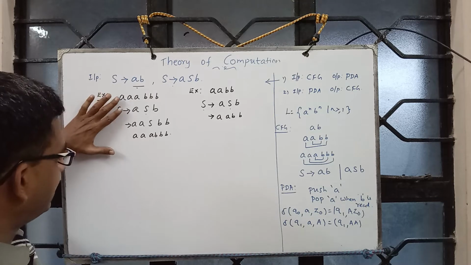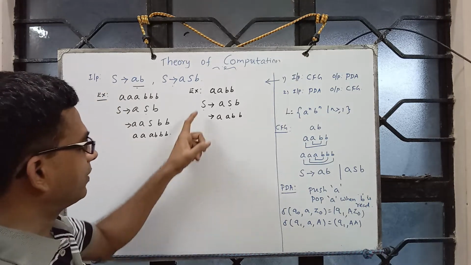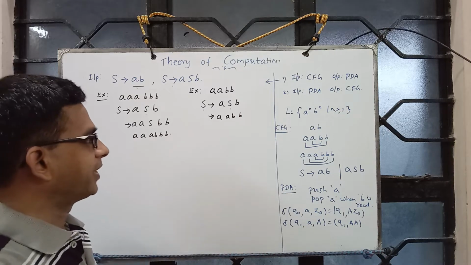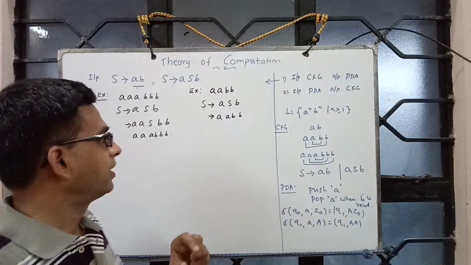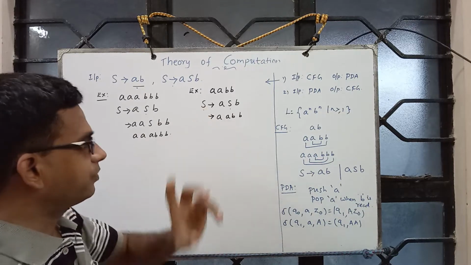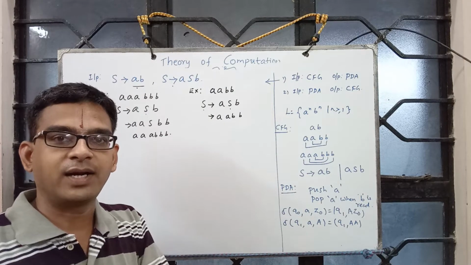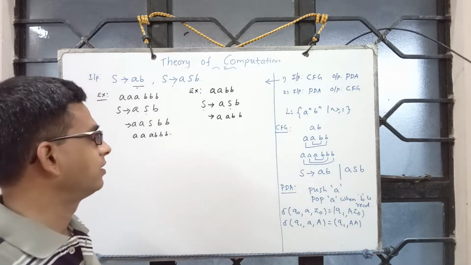Now, just like the way this derivation is done, we want to construct an equivalent push-down automaton, which means this derivation somehow should be mapped to pushing into the stack and popping out of the stack.